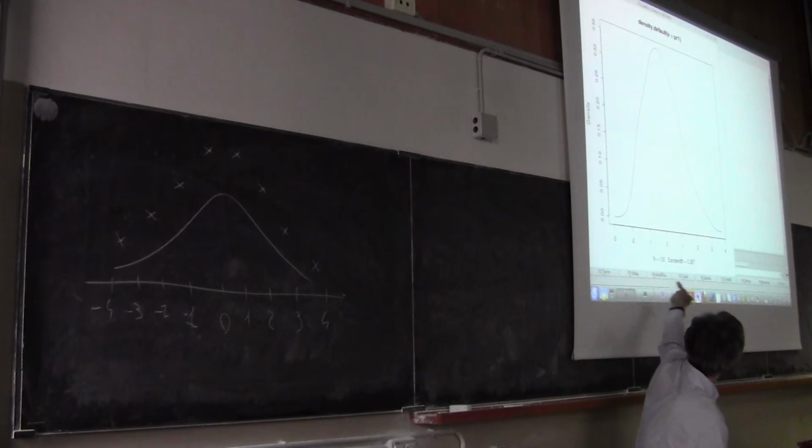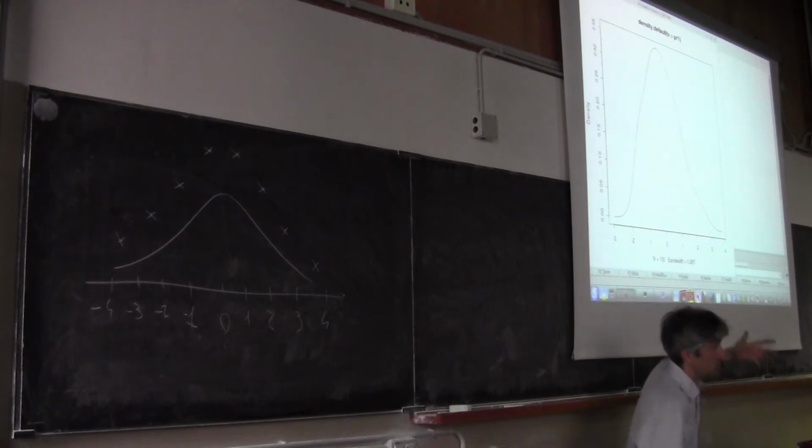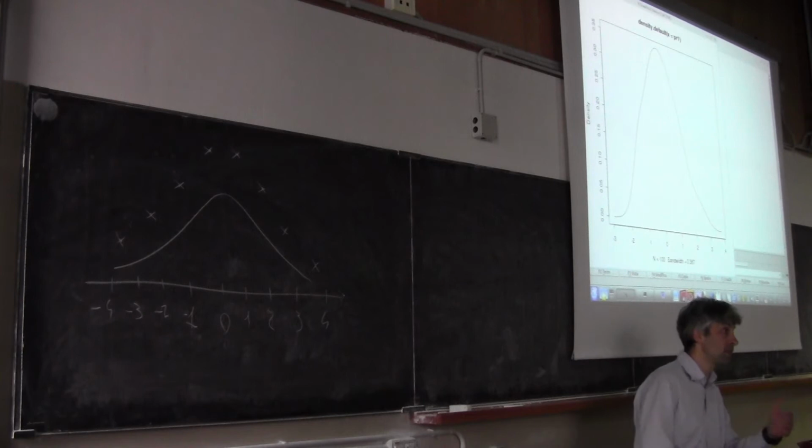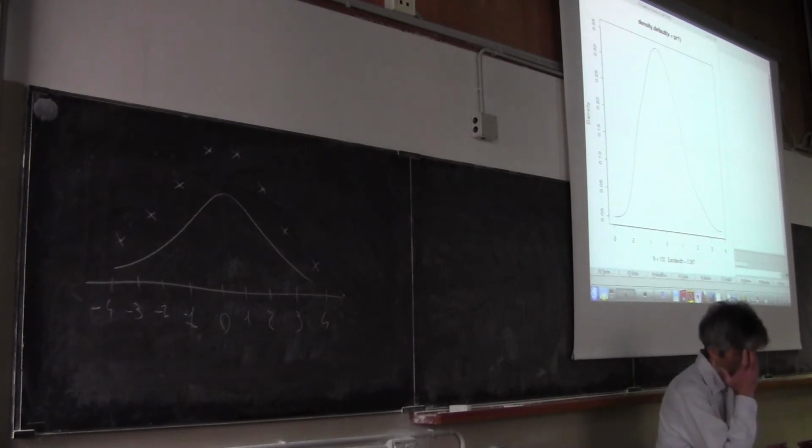The base of the curve is about 6. So if you compute 6 times 0.3, it's about 2. And that would be the rectangle that includes the bell. If you divide by 2, it's more or less 1. And we will compute anyway the area below the curve.